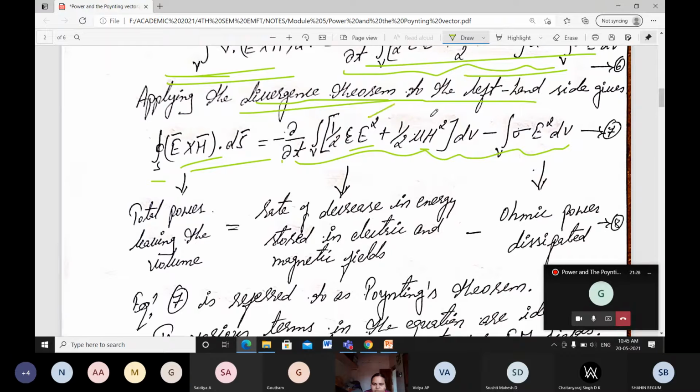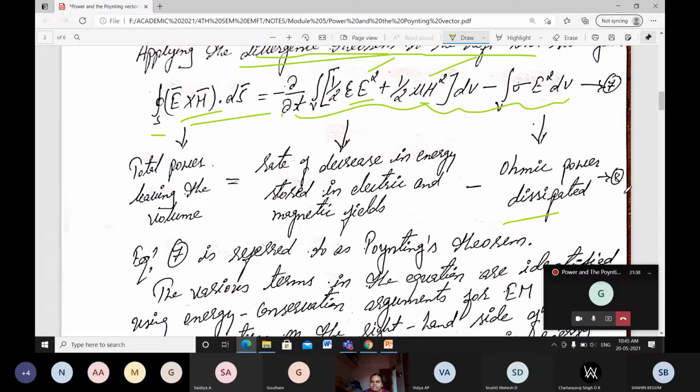Observe here, the energy expression is in terms of E square and H square, right? It is in terms of the electric field and also the magnetic field, minus the ohmic power dissipated, that is sigma E square, the ohmic power dissipated. Take that equation as 7. Equation 7 is referred to as the Poynting theorem. Equation 7 is nothing but the Poynting theorem.